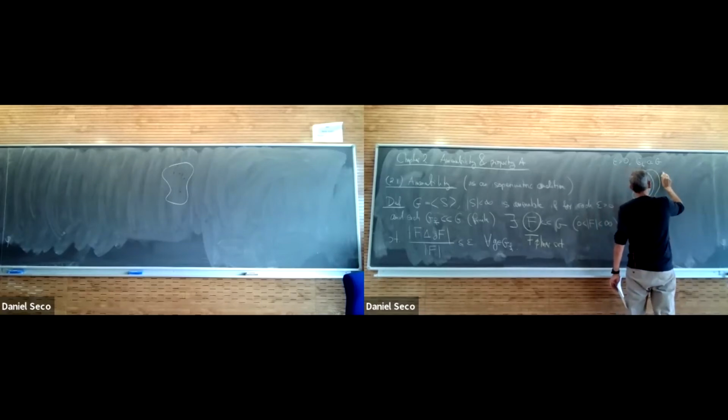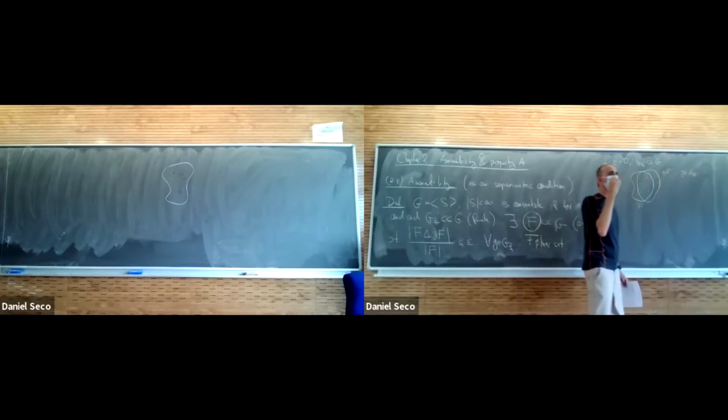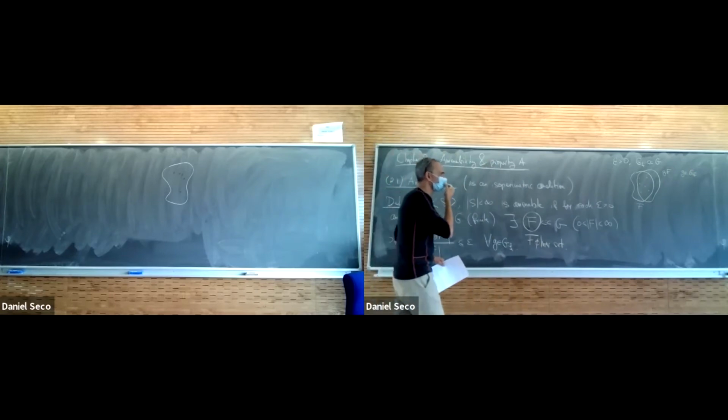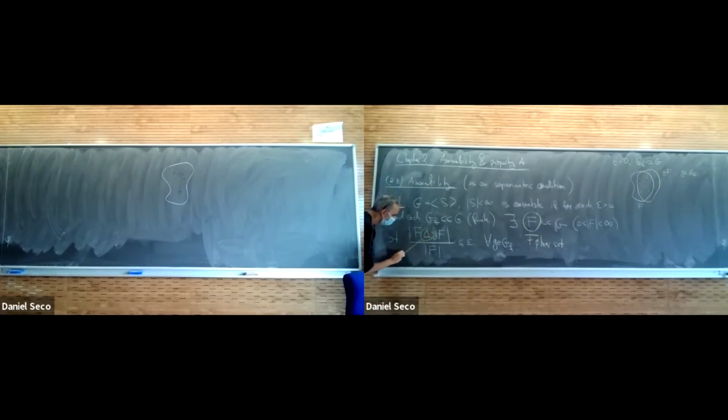So this is G times F, with G in T. I like to see GF as a dynamics, where you move your set around. Yeah, it's a kind of dynamics. And this is the symmetric difference. Yeah, this is not the Laplacian, it's the symmetric difference.